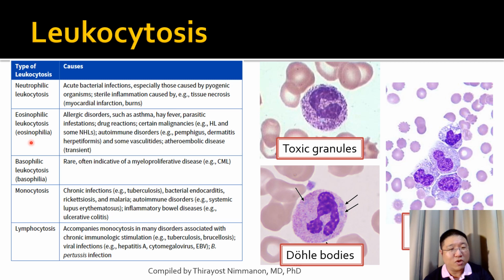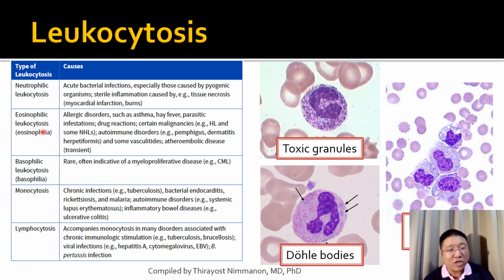For eosinophilic leukocytosis or eosinophilia, as you have already learned, eosinophils are actively involved in allergy or type 1 hypersensitivity and also parasitic infestation. So it is not surprising that eosinophilia is seen in those with allergic disorders such as asthma, hay fever, and also in patients with parasitic infestations.